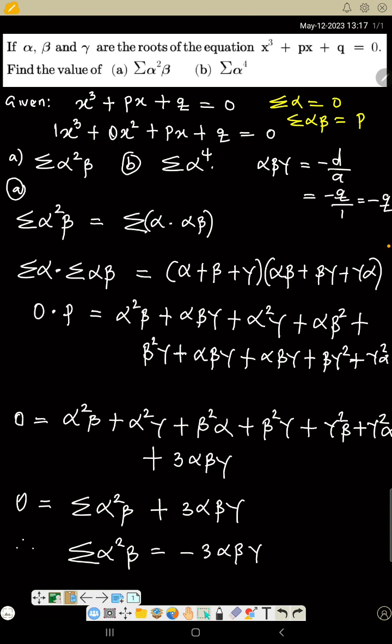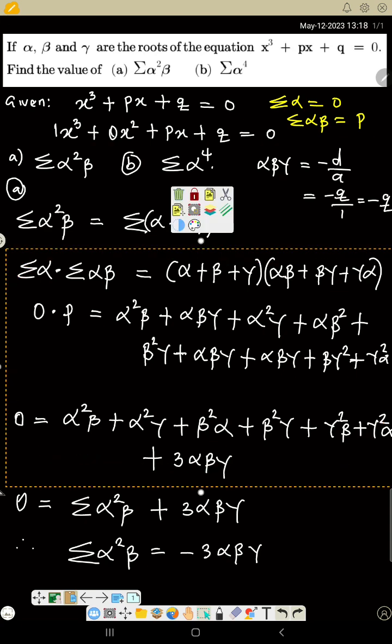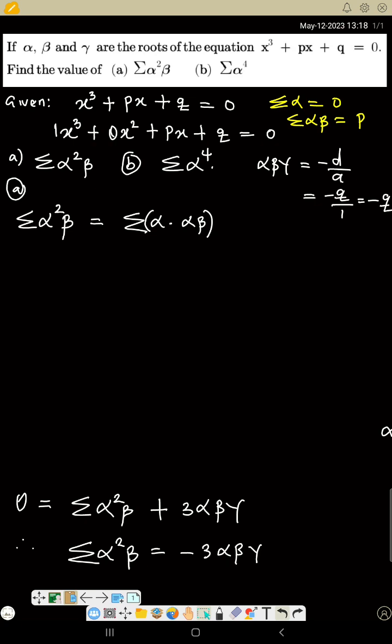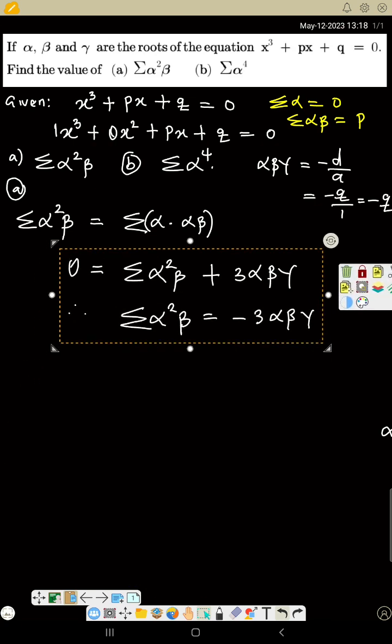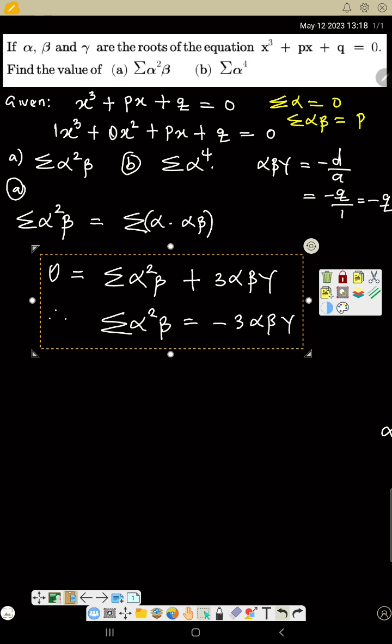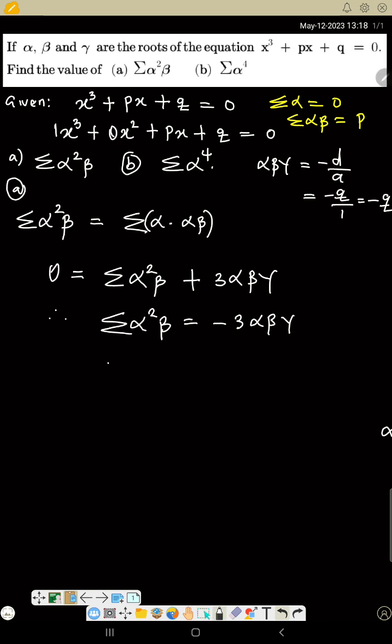So we have this to be summation alpha square beta is equals to minus 3 times minus q, because alpha beta gamma is minus q.